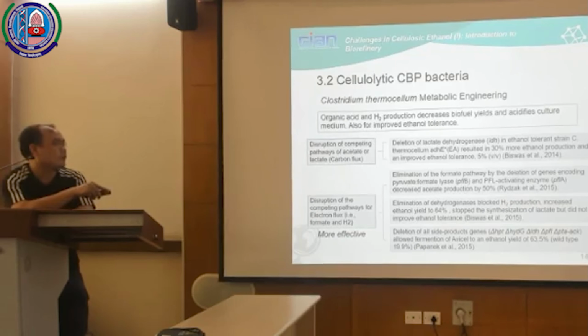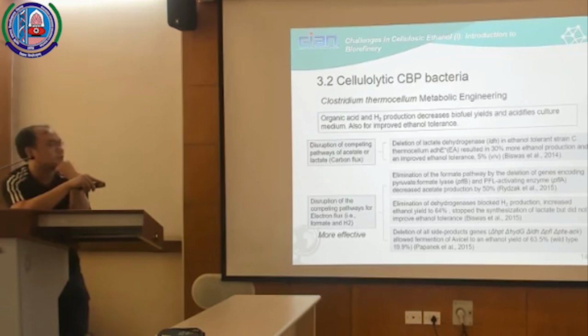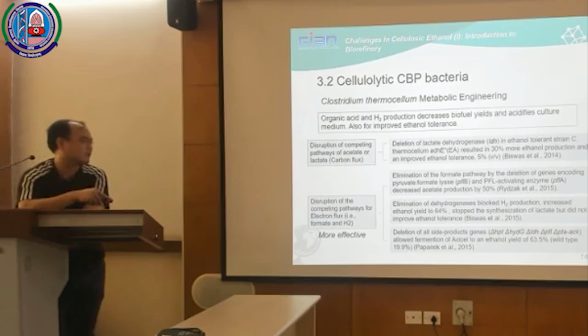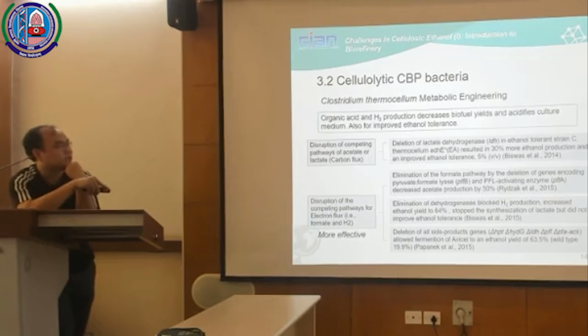We have two ways to do the metabolic engineering. The first one is disrupting carbon flux. Another one is disrupting electron flux. Electron flux disruption generally reduces the production of formate and hydrogen.